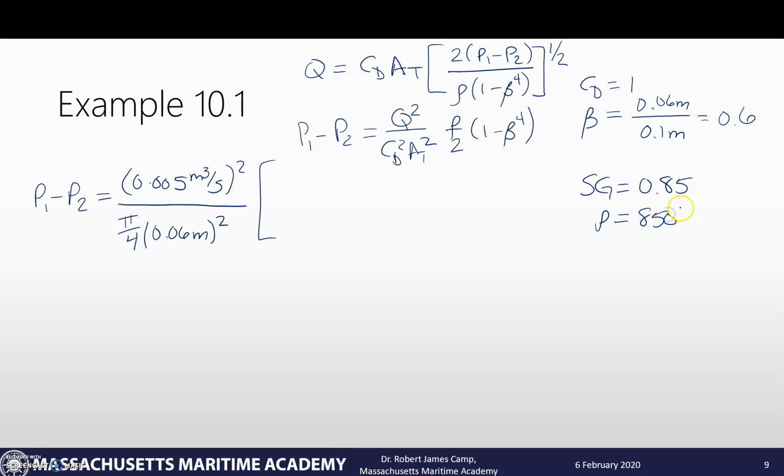So that's going to give me a density of 850 kilograms per cubic meter. So 850 kilograms per cubic meter divided by 2, and then 1 minus 0.6 raised to the 4th, a unitless parameter on that side.